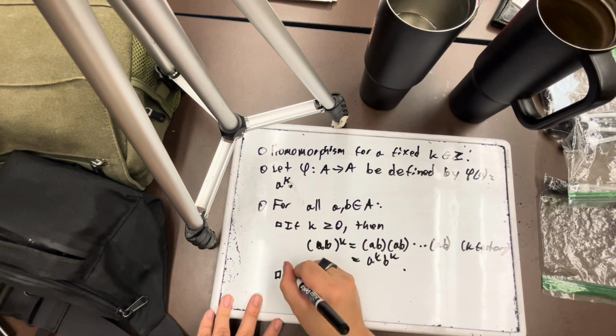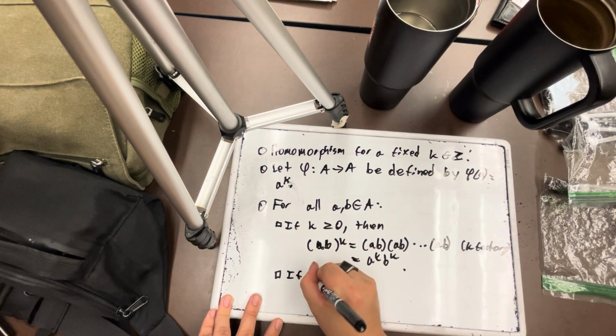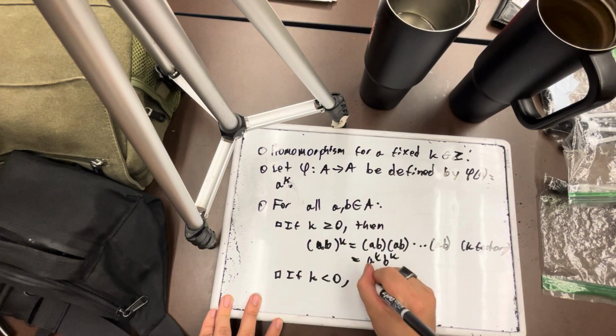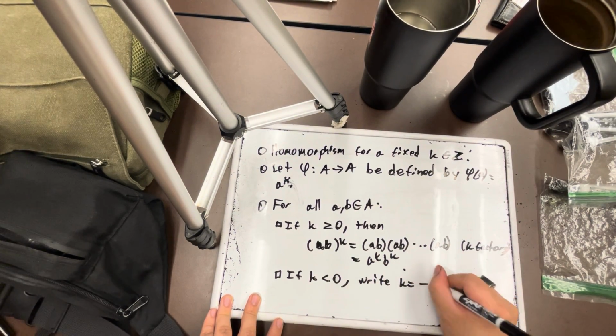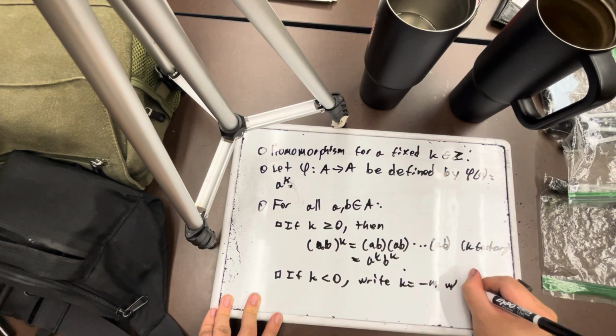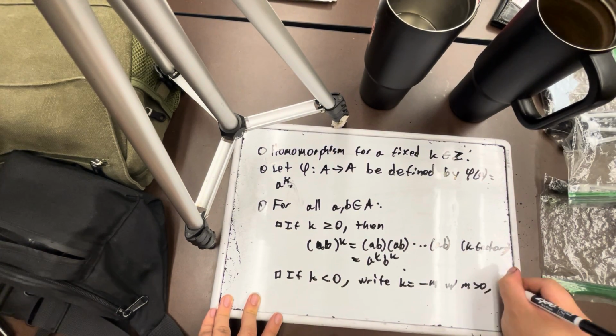Now, if k is less than 0, then write k is equal to -m, with m greater than 0.